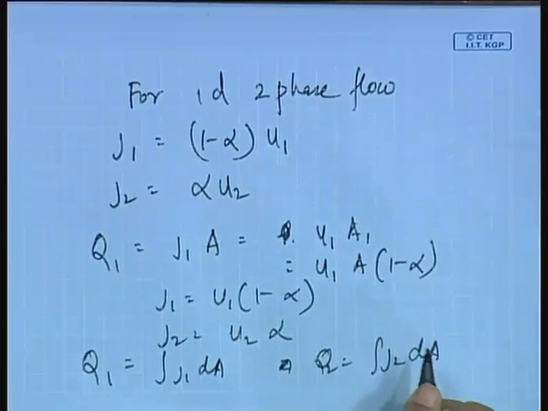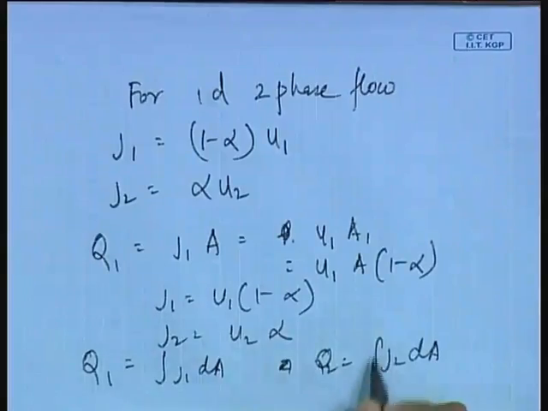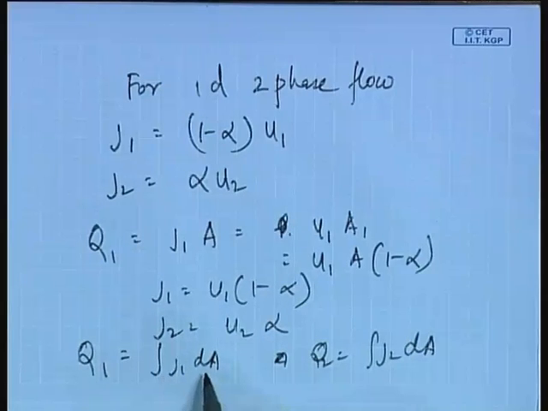So when J1 and J2 vary across the cross section, when we are not considering one dimensional flows, the integral signs have to be given, and the variation of J1 and J2 with area has to be incorporated in these mathematical expressions. If J1 and J2 do not vary with cross section, then it is J1A and J2A.